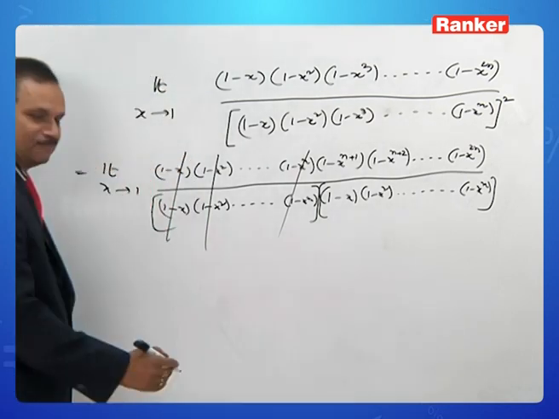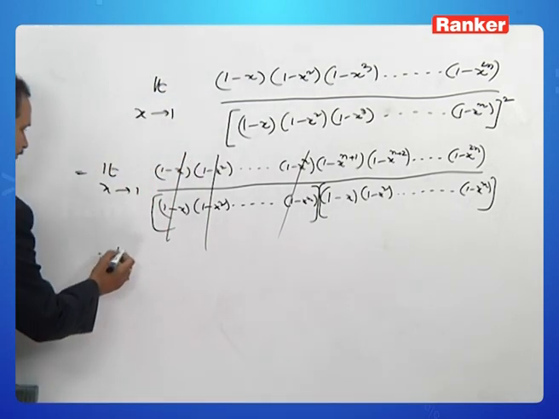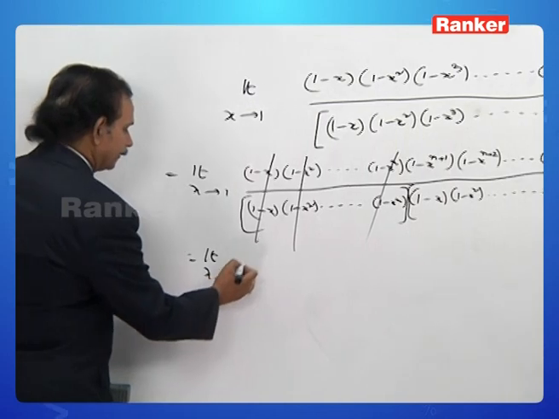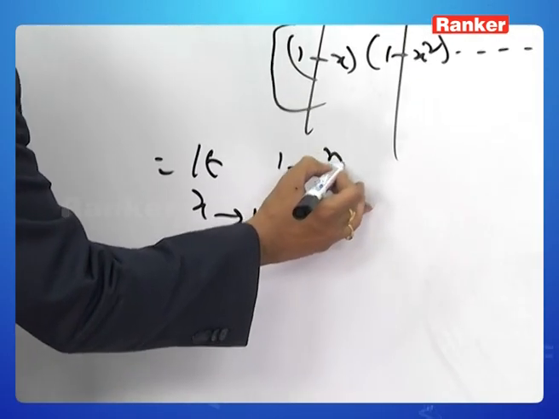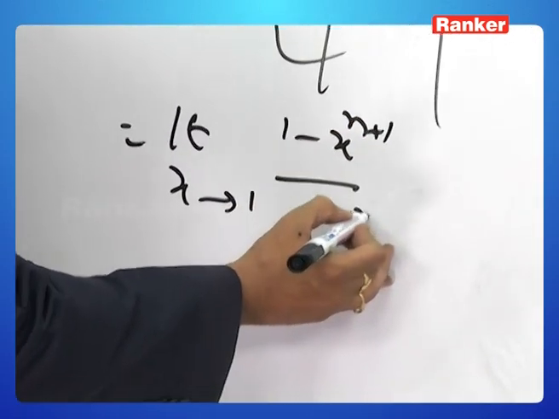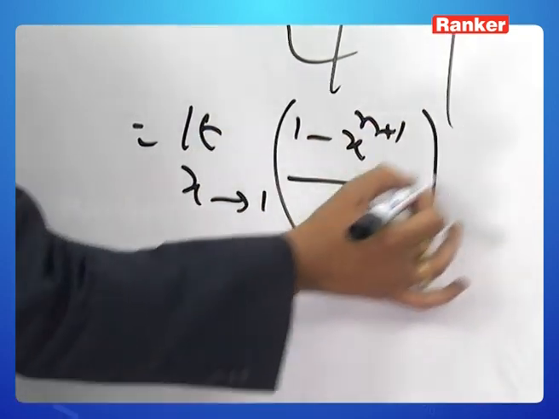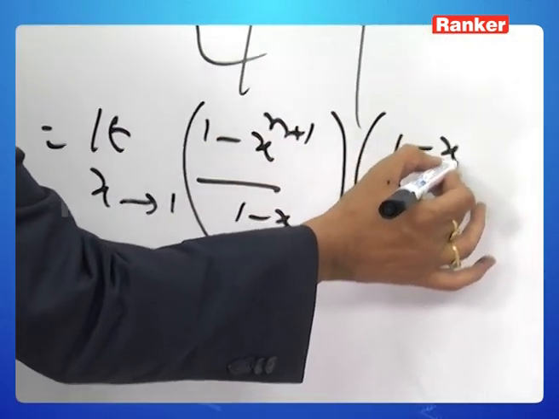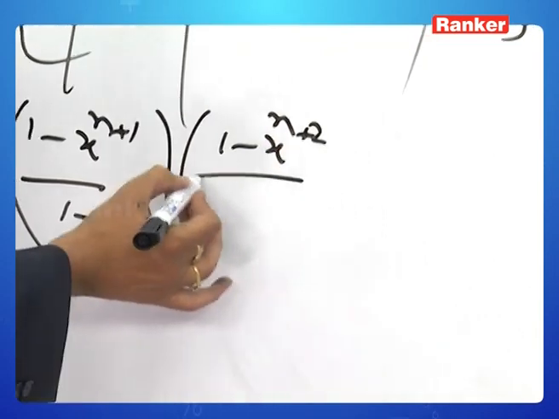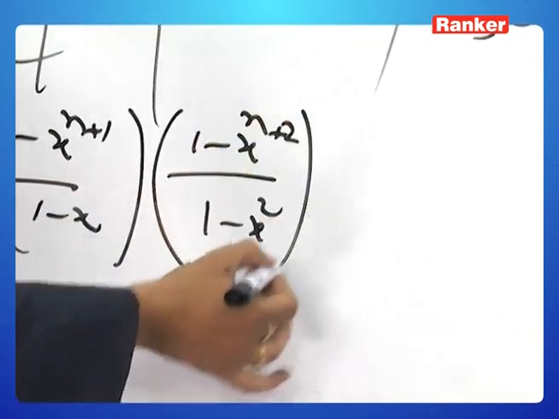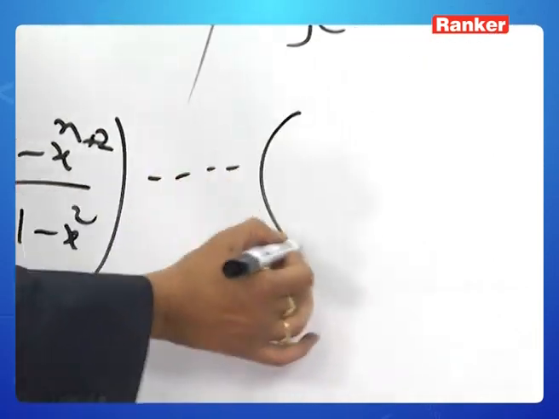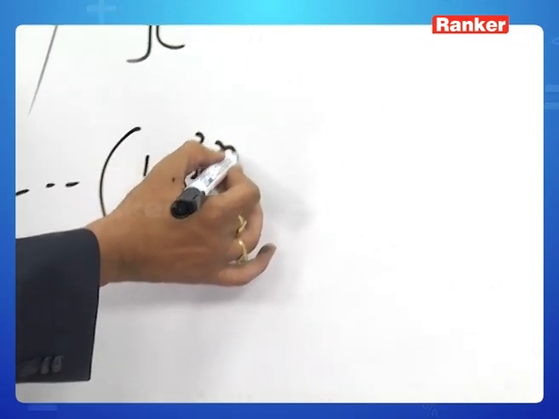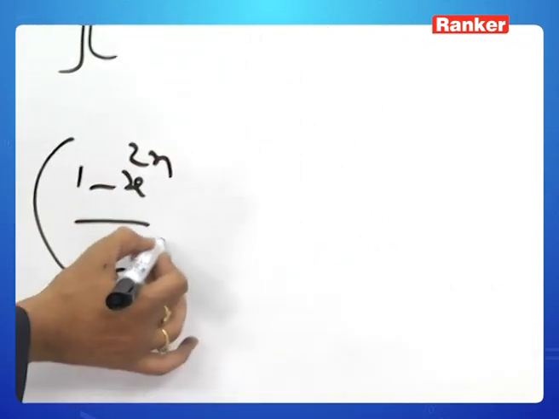It is just nothing but this is equal to limit as x tends to 1 of (1 minus x^(n+1)) by (1 minus x) into (1 minus x^(n+2)) by (1 minus x square) into and so on (1 minus x^2n) by (1 minus x^n).